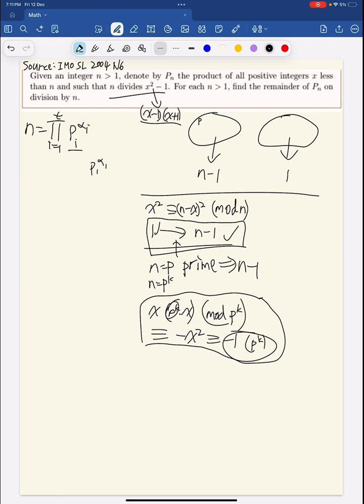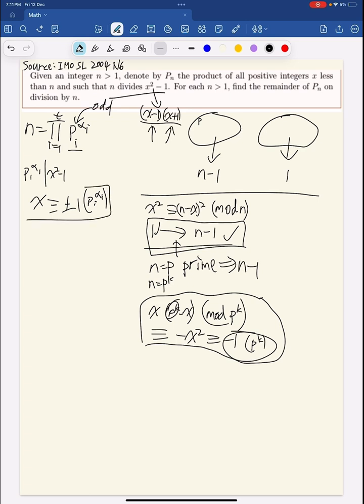If we want this to divide x squared minus 1, since we assume the p_i are odd primes, these two don't both have p_i as a factor. So x is plus or minus 1 mod p_i. Actually it's p_i to the alpha_i.